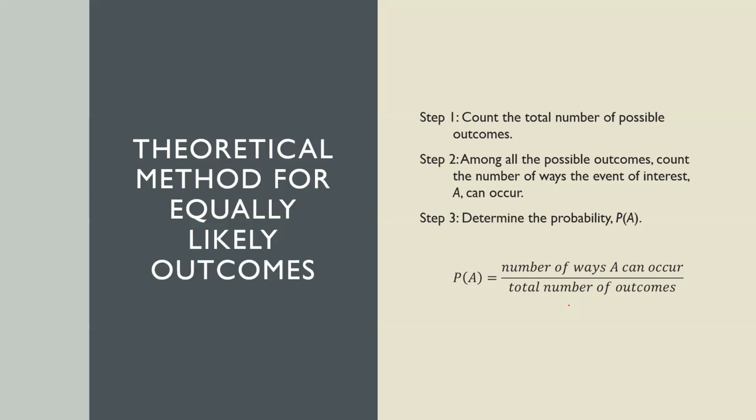So theoretical method for equally likely outcomes. There's different types of probability, and the first one we're going to talk about is theoretical, because that's kind of where we started. When we were talking about flipping a fair coin, theoretical says it's going to be 50%.